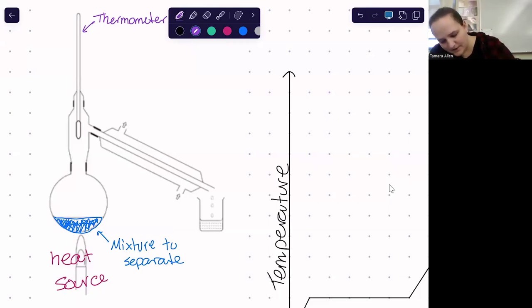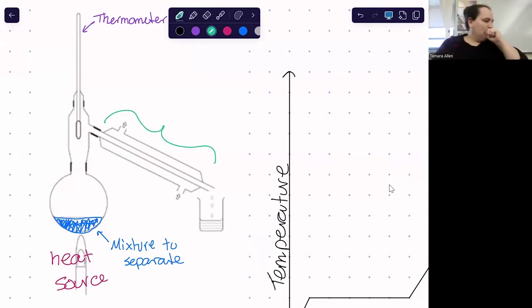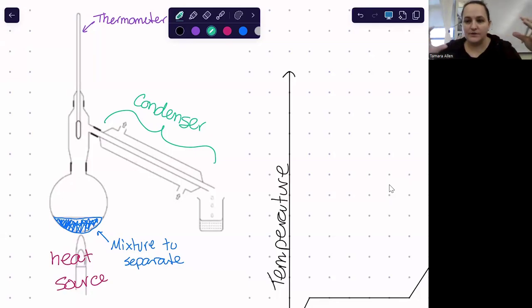On the right here, this contraption is what's known as a condenser. It is essentially a double-walled glass tube, so there's like a tube inside another tube, and cold water runs in between them.